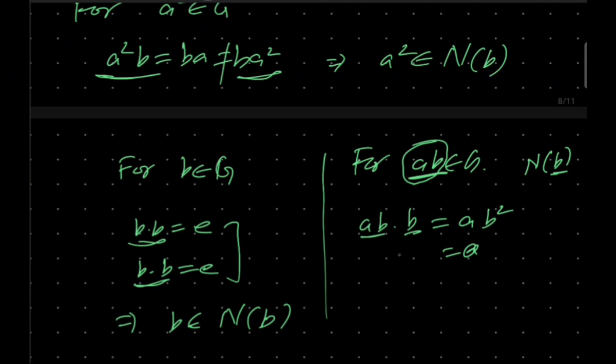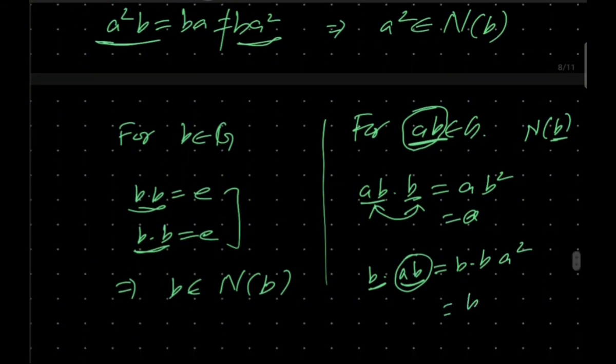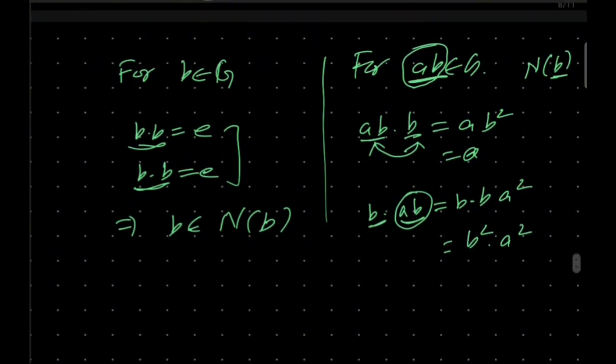Now look what happened when we change their positions. B times AB, and AB is equal to A square B, so B times A square B is B square times A square. B square is identity, times A square, which is A square.